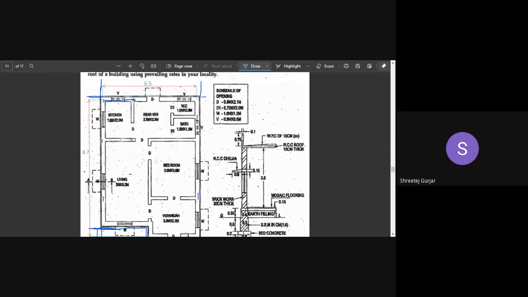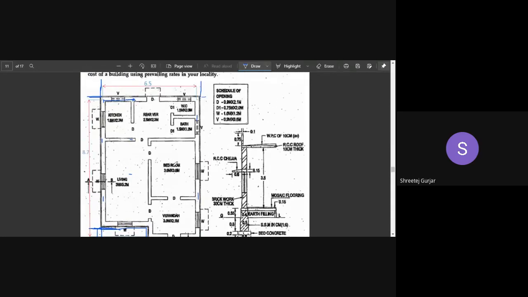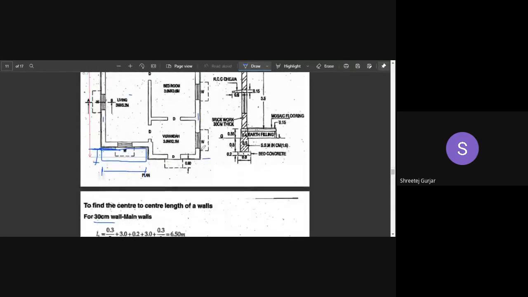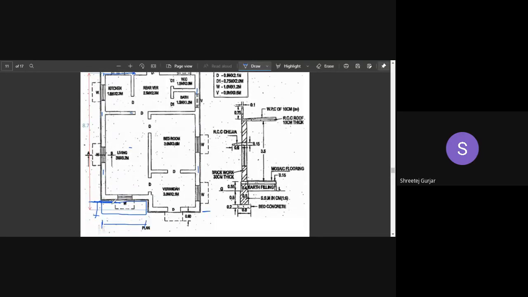So it is coming up to 8.3. So the distance will be this out to out distance 9 meters minus this out to out distance, which is 8.3. So 9 minus 8.3, I get 0.7. So this distance is 0.7. So the breadth of this opening is 0.7.